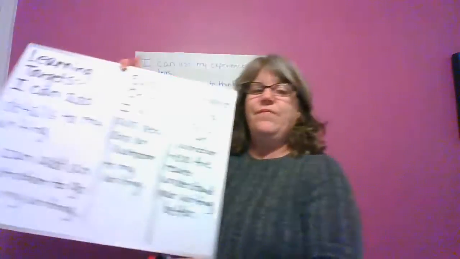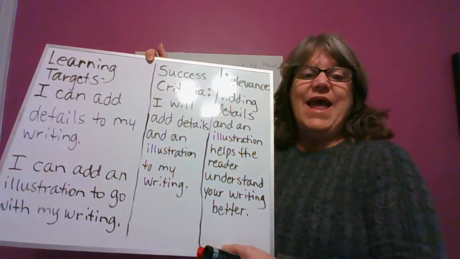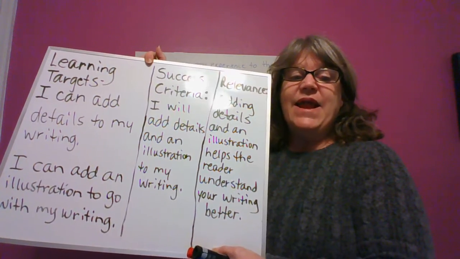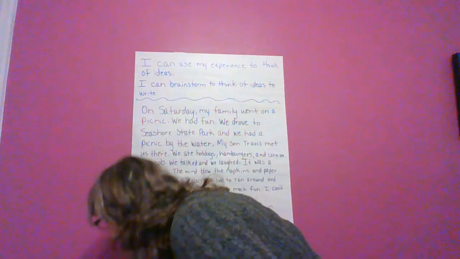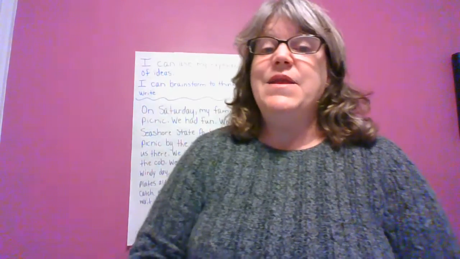Remember, our I can statements are: I can add details to my writing, and I can add an illustration to go with my writing. So that is what we are focusing on today, if you need to add anything to your story.